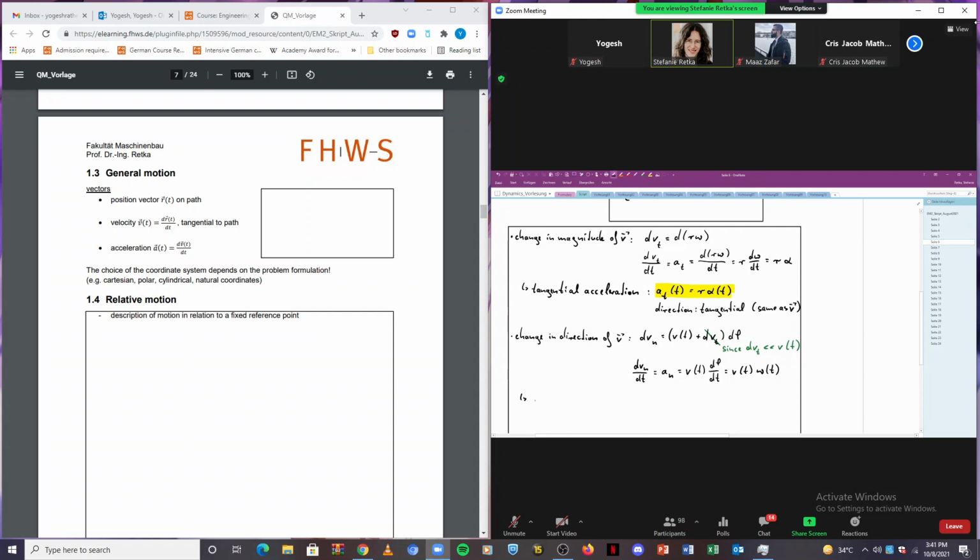And this leads to our normal acceleration, a_n. We can substitute the velocity itself, as stated above in the orange box, by r times omega, and this results in r times omega squared. Or we could substitute omega, and then it would result in v squared over r.